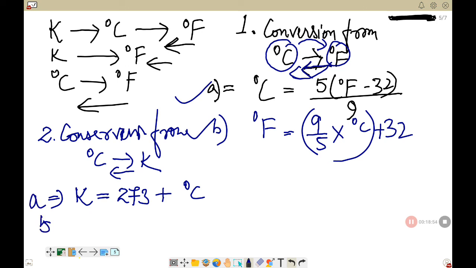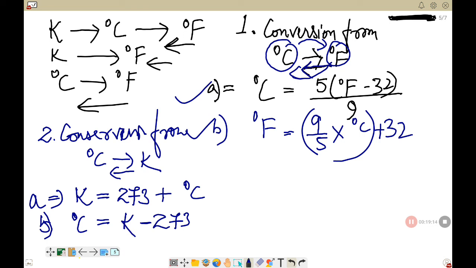This is your A. Number B, temperature in degree Celsius can be found out by the formula: by subtracting 273 from the temperature in the Kelvin scale.